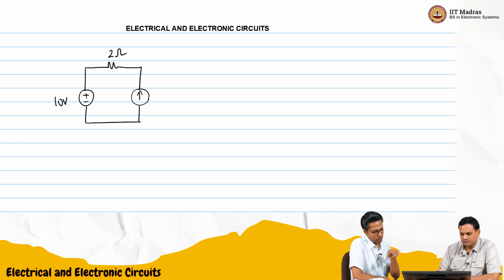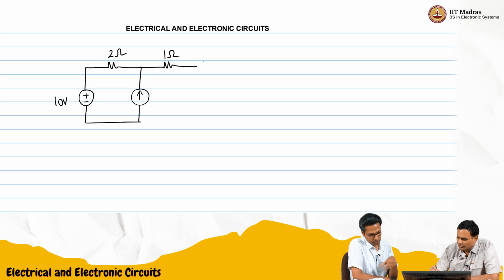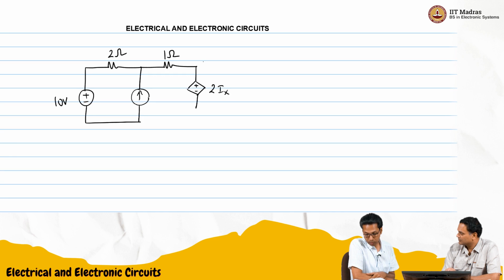Then from the top a 1 ohm resistor. Then it's going to a dependent voltage source in series, pointing downwards, with plus on the top side, it is 2Ix. And the current source value is 3 amperes.